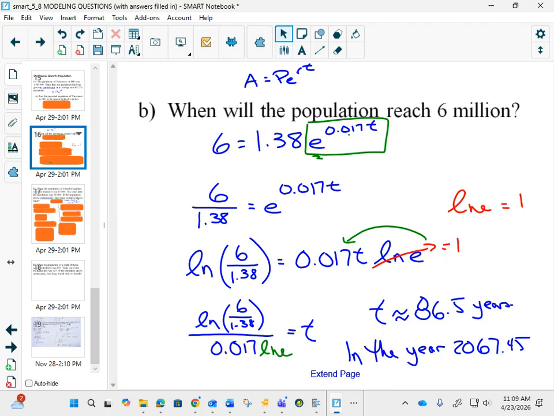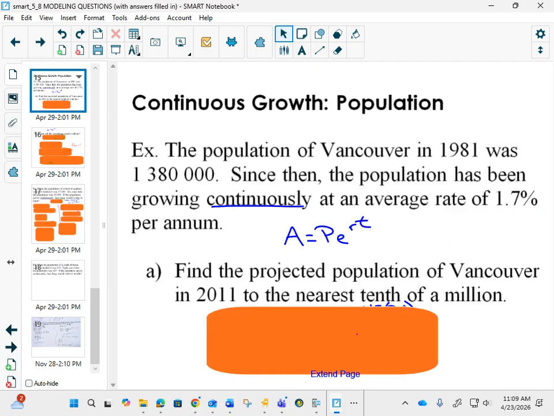When did you do this example? In 1985? Well, if you look at the beginning, in 1981, it was 1.38. So 1981 was our starting point.